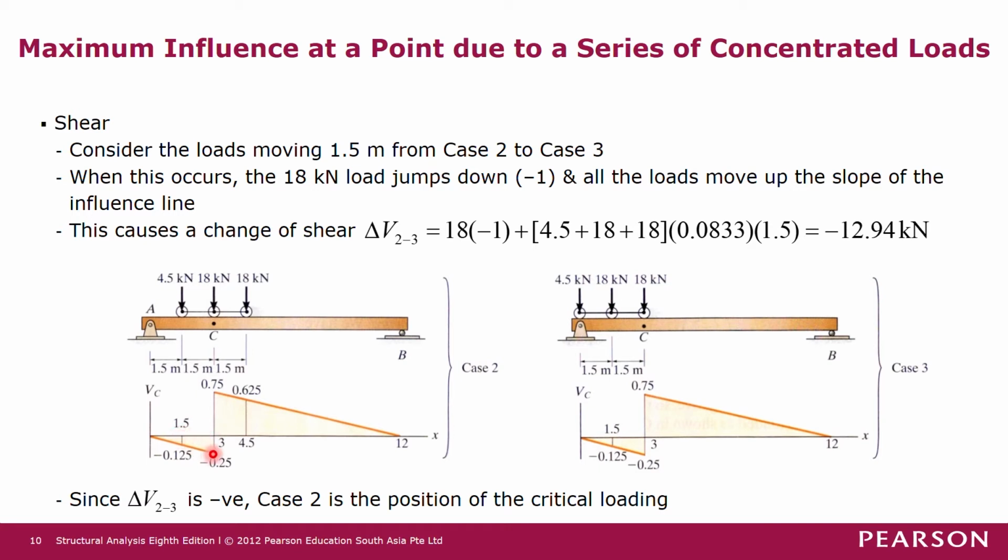So there's an increase in shear force on this slope: 18 times the slope times the horizontal movement. And then this 18 kilonewton force moves from here to just to the right of point C. So it moves up the slope.